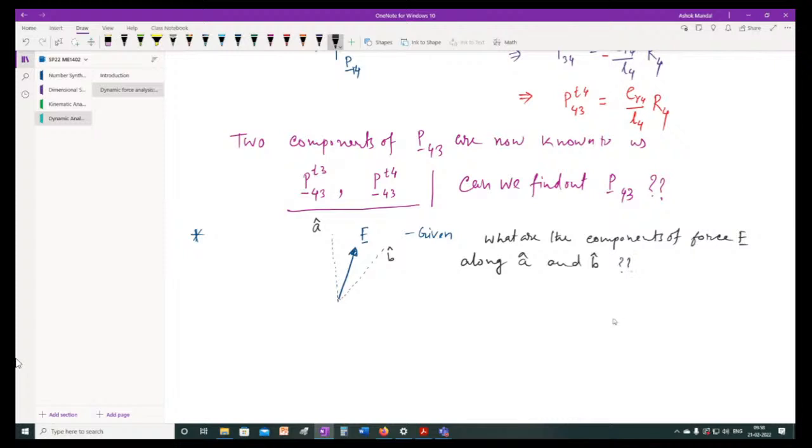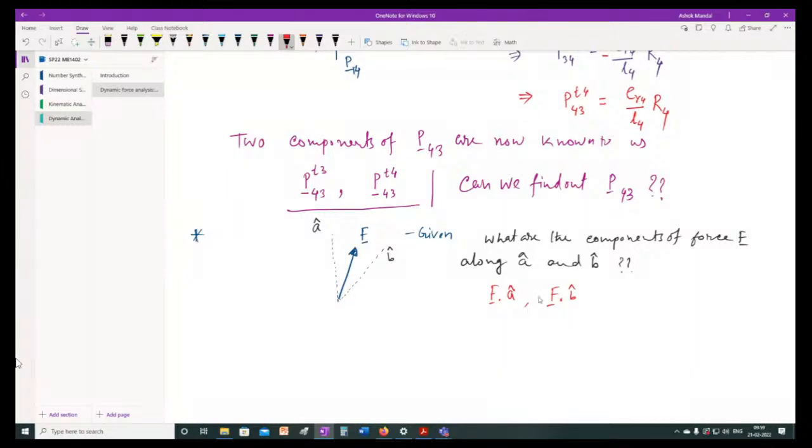How to find out this? Sir, dot product. Yes, you will do the dot product. F dot A will give you the component of force along A direction, right? And if you do F dot B, you'll have the component of force along B direction.